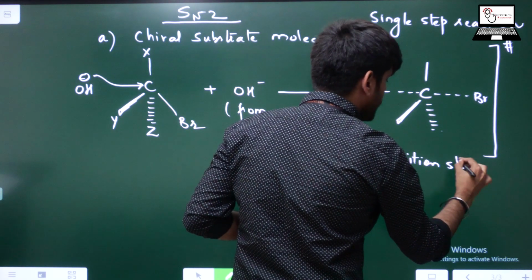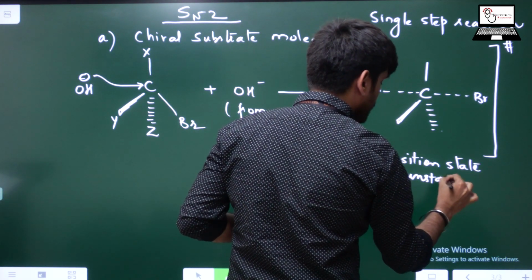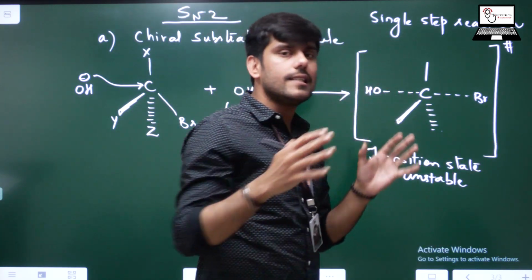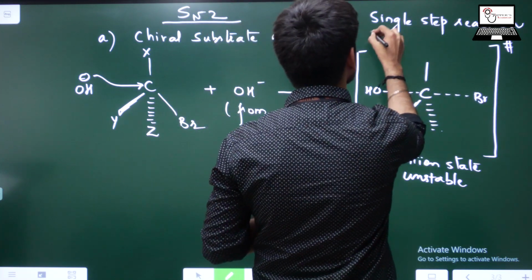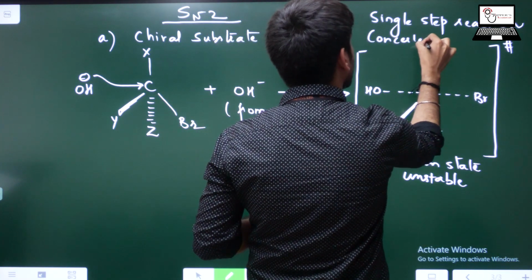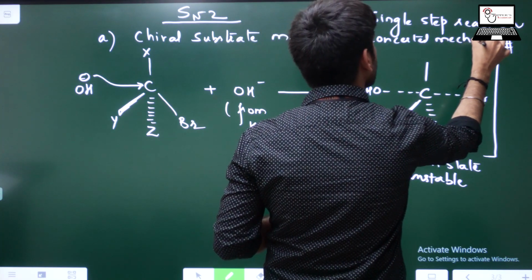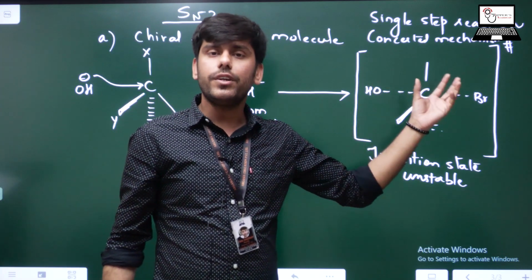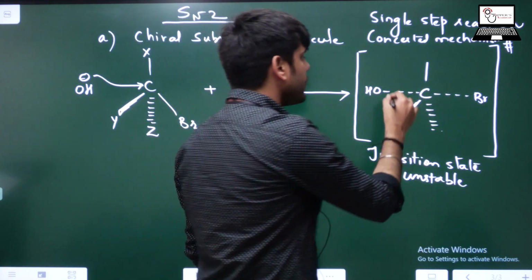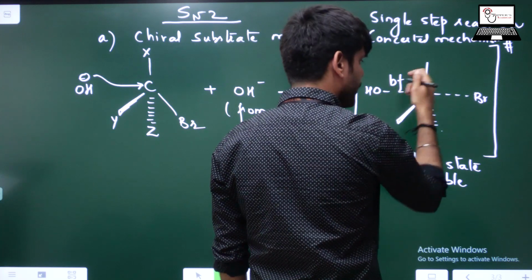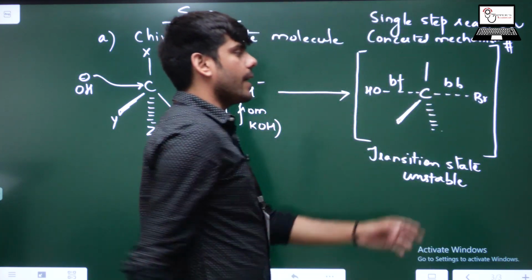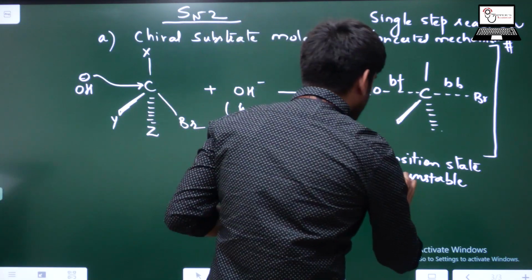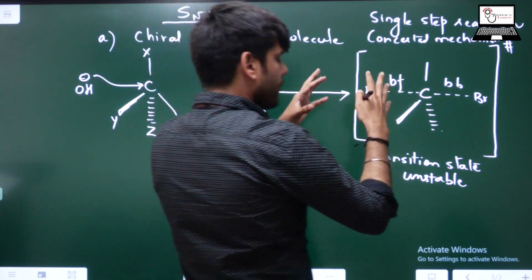In the transition state, this is a concerted mechanism, a single step reaction. Concerted mechanism means that when this transition state forms, we have simultaneous bond breaking and bond forming. This bond is getting formed and this bond is breaking.